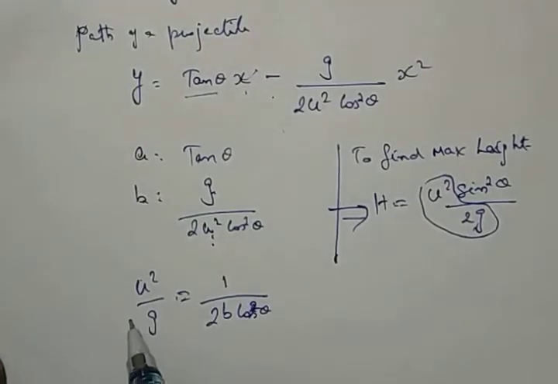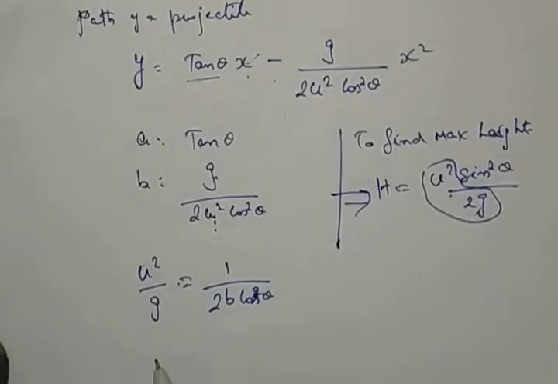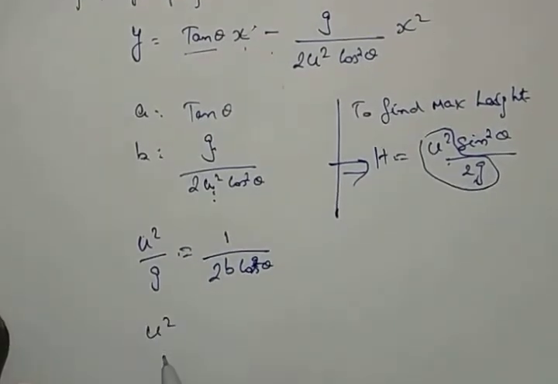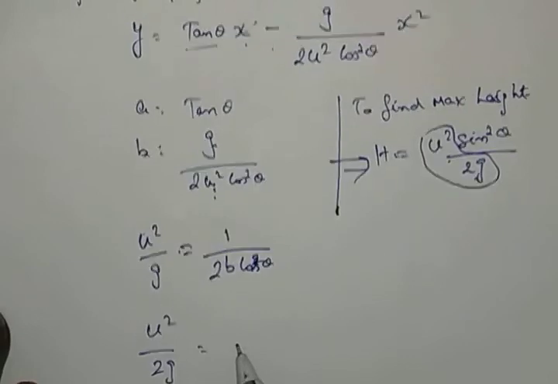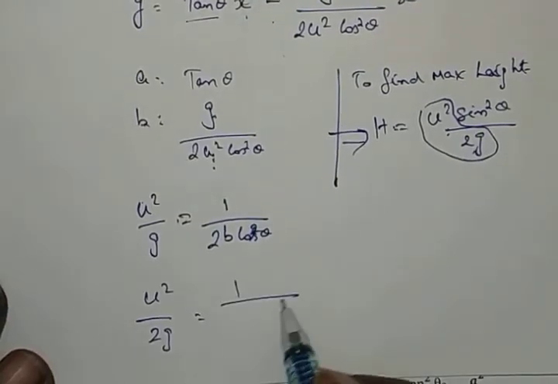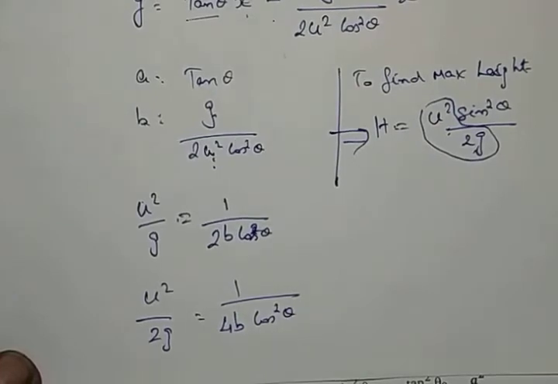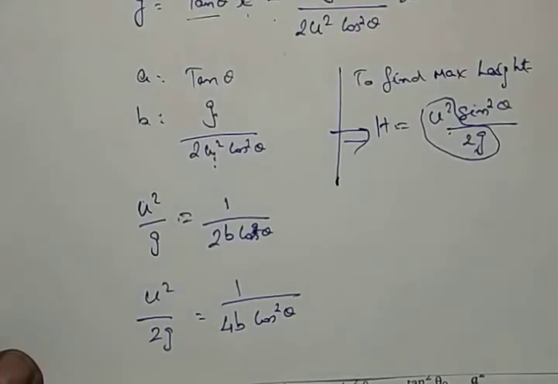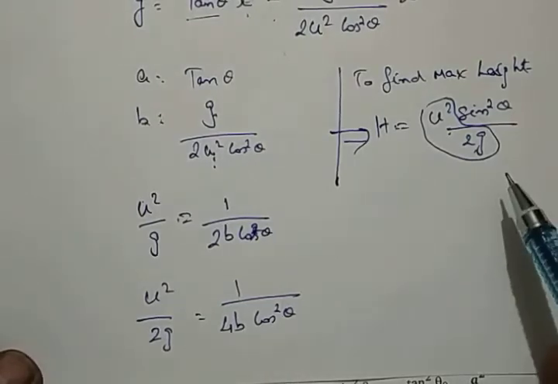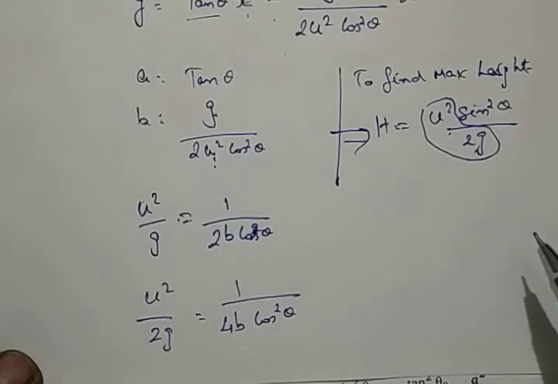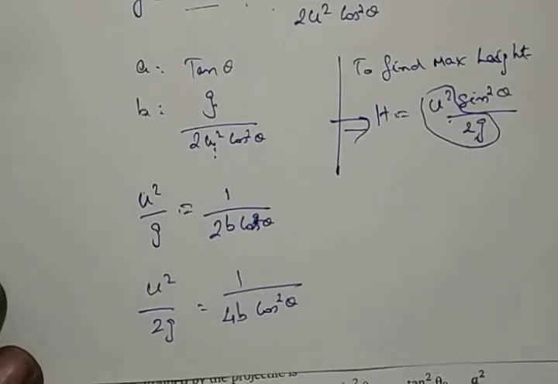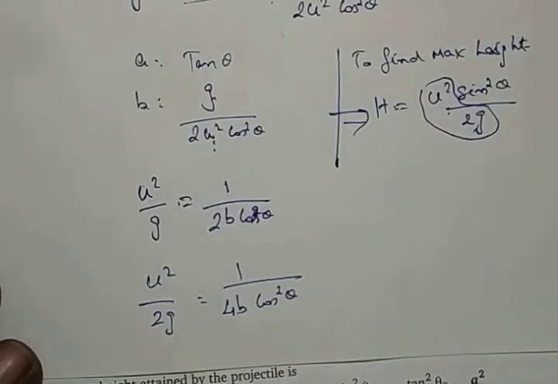Now since you wanted to have 2g here, what you can get here is u square upon 2g is equal to 1 upon 4b cos square theta. So this is the expression that we have here. Now if you have this expression, let us go ahead to find the height here. So to find the maximum height, what will be the formula here?